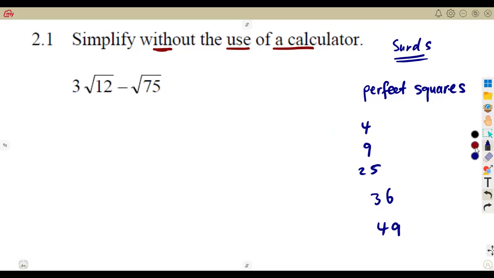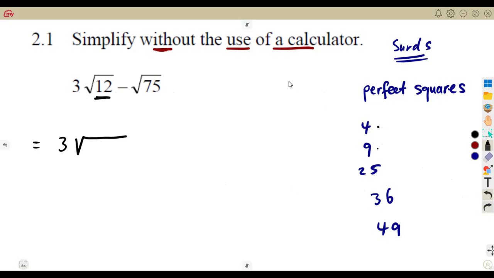So you ask yourself, how can I rewrite the same square root of 12 with a perfect square inside? We must have a perfect square. Is it going to be 4? Is it going to be 9? That perfect square times a certain number gives us 12. We're talking of whole numbers, the integers. So can we use a 4?